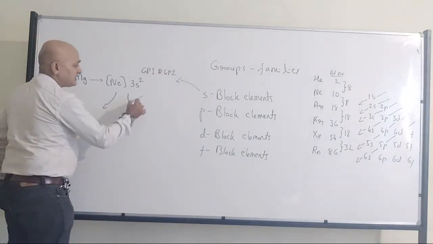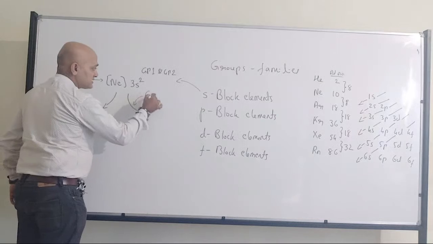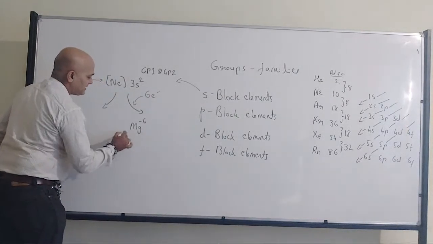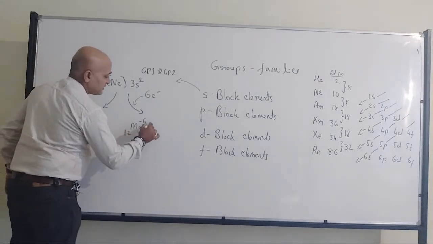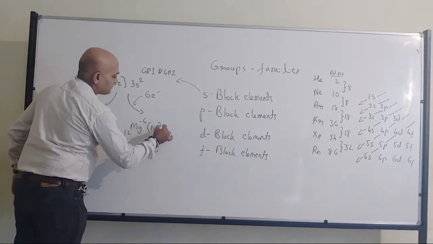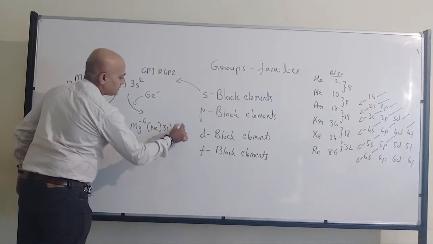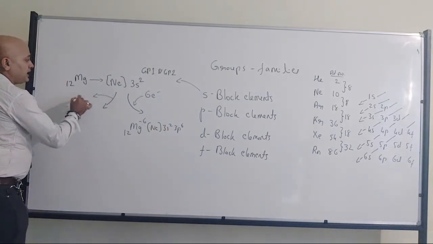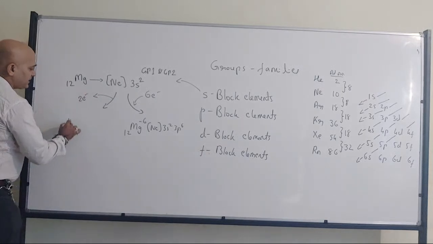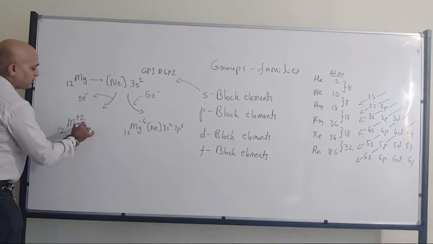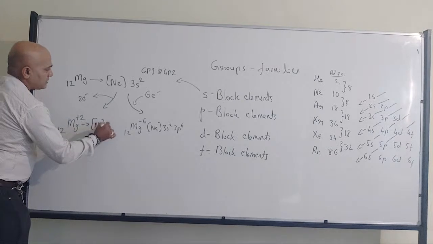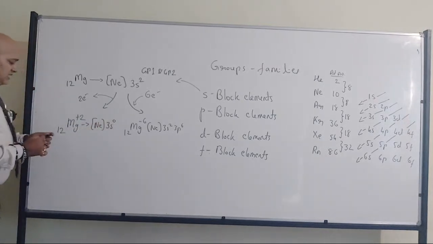So one option is, it can take up 6 electrons and become magnesium minus 6, where neon 3s2, 3p6. Or it can donate the 2 electrons and become magnesium plus 2. The atomic number will remain the same and it will attain the electronic configuration of neon.